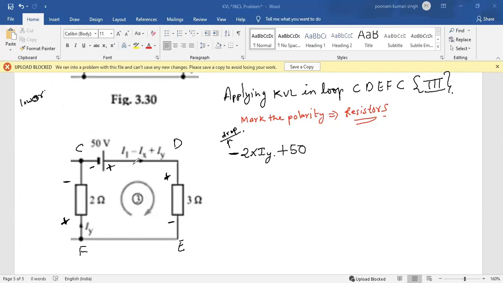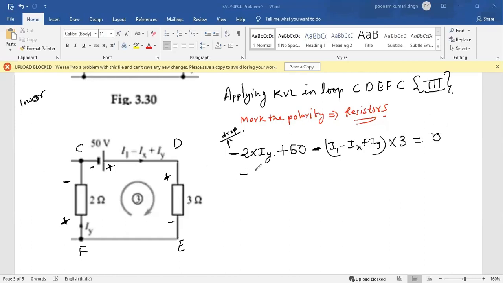Value given is 50. This is again a current. It is entering at plus and leaving as minus, so this is a drop in potential, and it will associate itself with a minus sign. So the IR drop is this total current, that is I1 minus Ix plus Iy, multiplied by the resistance, equal to 0.